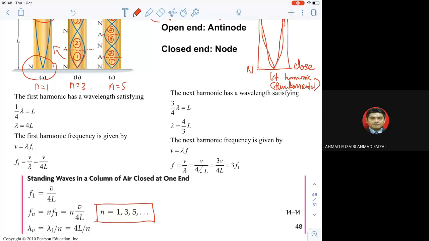It's just odd number. 1, 3, 5, 7, 9, 11, 13. If you meet one saying that open close end have n equals to 4, then it's bluffing. Because for the standing wave, the open close end will only have 1, 3, 5, 7, 9, and so on. Just odd number.